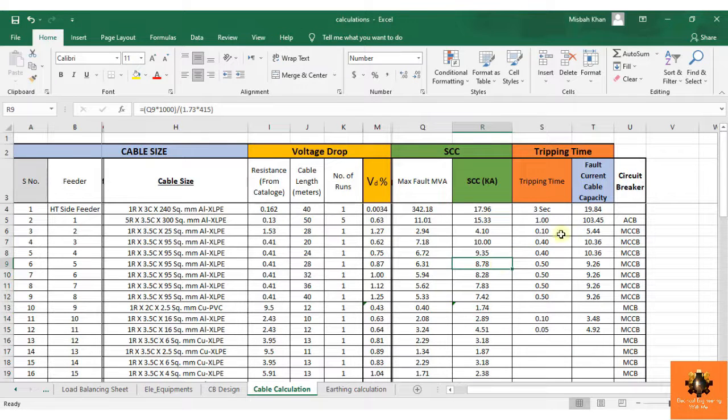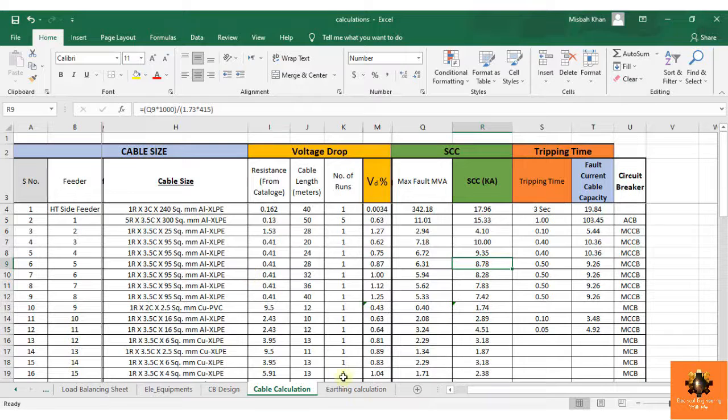Okay, so I made all these calculations for one of my projects, 30 flats residential building. So in a similar way, you will also be provided with these calculations, and simply you have to mention all these calculations in the SLD as we have mentioned here with all the cables.